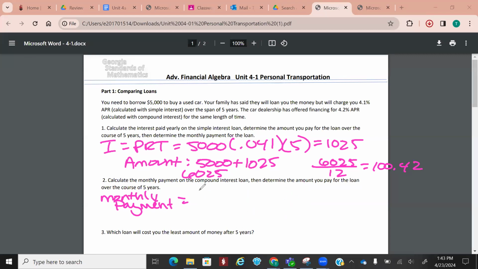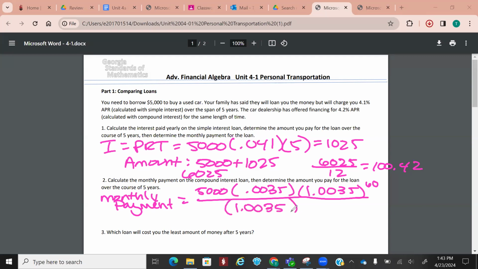And so when I plug in, I'm going to get 5,000 times 0.0035 times 1.0035 to the 60, because that's the N times T, over 1.0035 raised to the 60 minus 1. When you type all that into your calculator, you're going to get 92.53.